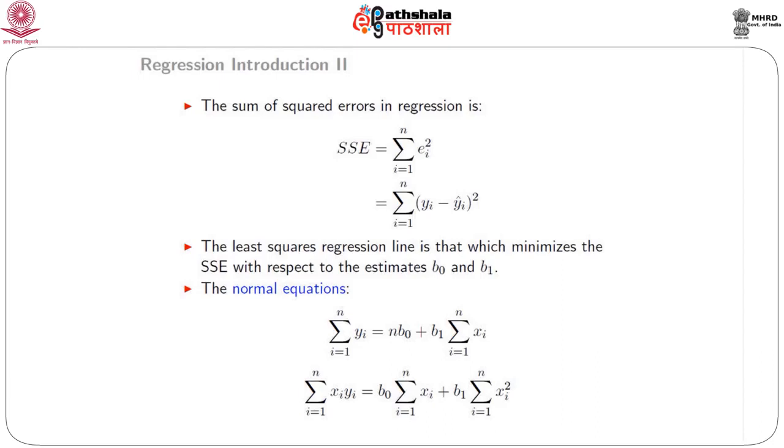When we differentiate SSE with respect to beta naught, the equation is summation i equals 1 to n y i minus n times beta naught minus beta 1 summation i equals 1 to n x i equals 0, and with respect to beta 1, the equation is summation i equals 1 to n x i y i minus beta naught summation i equals 1 to n x i minus beta 1 summation i equals 1 to n x i square equals 0.